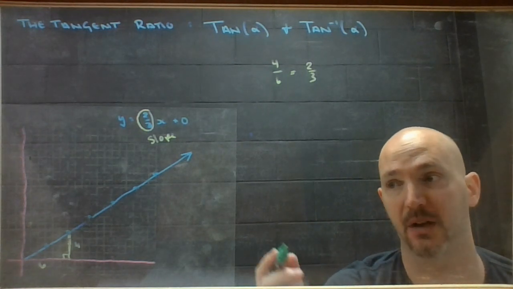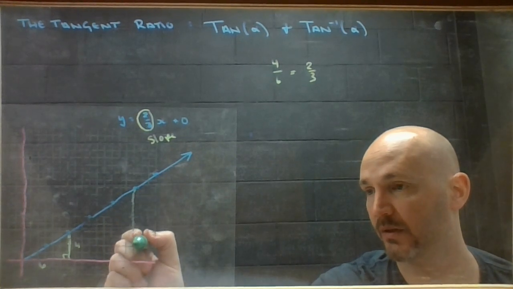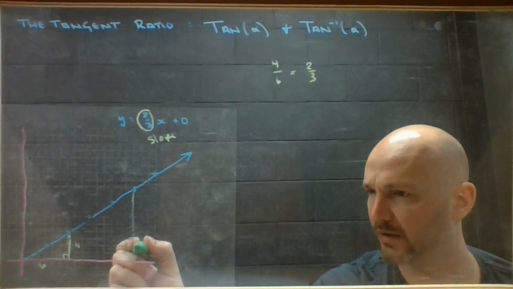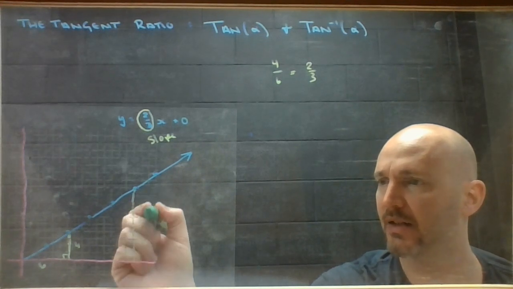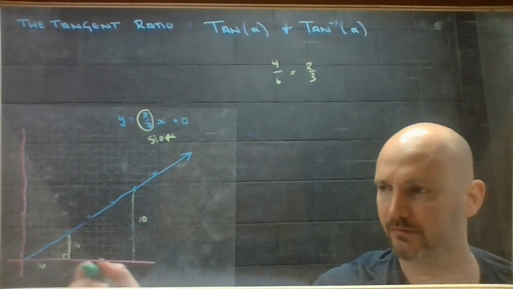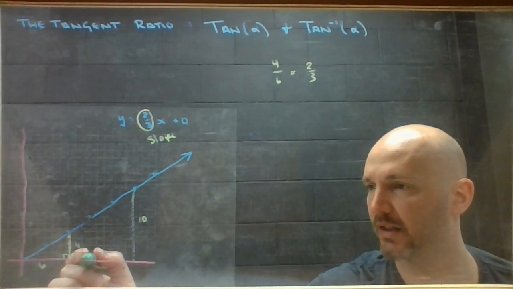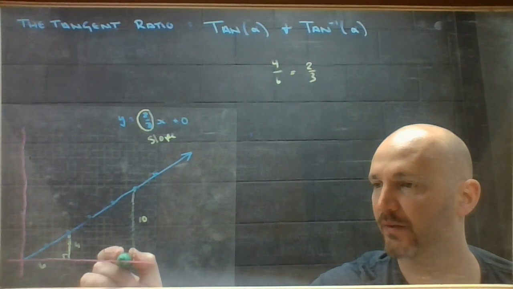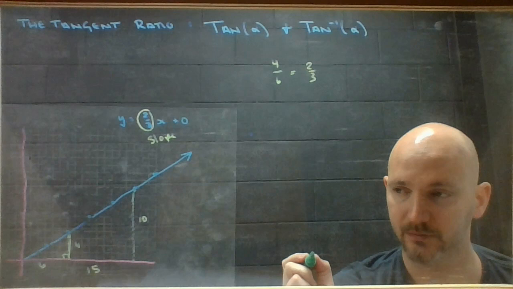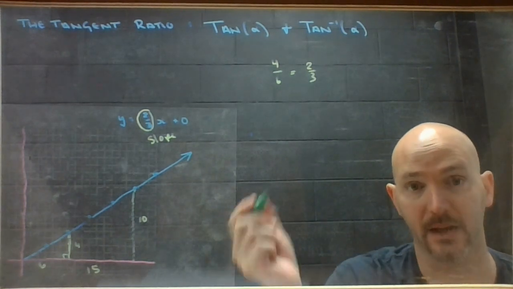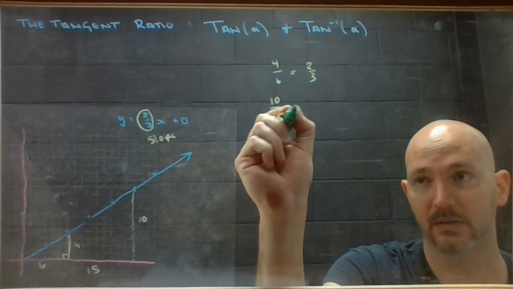So I'm just going to pick a random dot. How about this one here? Drop a vertical. That's 10 high, and 15 long. So again, 10 high, 15 long.